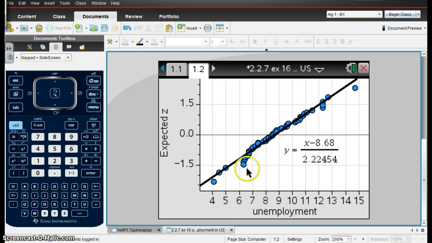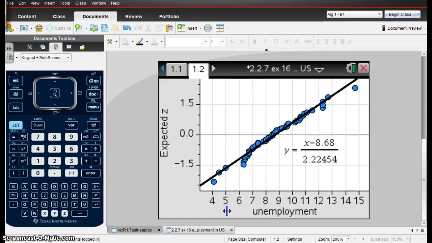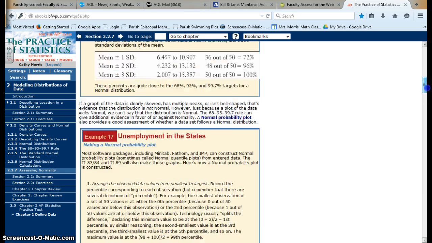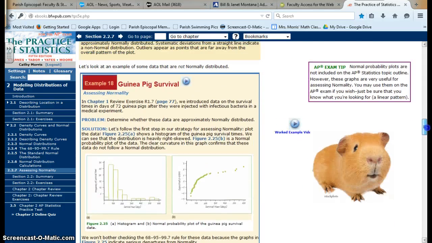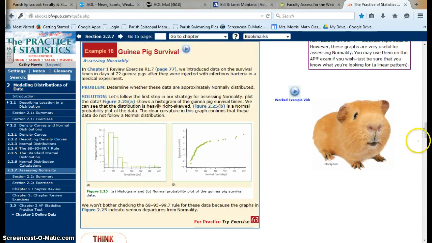So let's have a look at one other data set, also from your textbook. This is a guinea pig survival rate. It's kind of gross medical experimentation where they inject 72 guinea pigs with an infectious bacteria and determine how long they live.